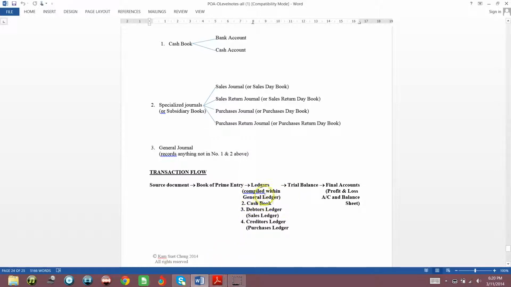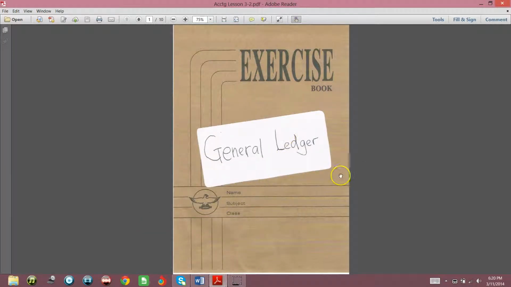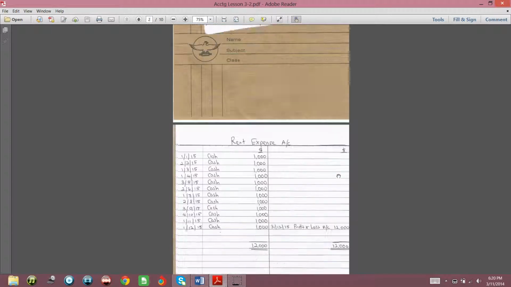Okay, now let me help you to see how this ledger works. How many ledgers do we have in our company? First, we will have a general ledger. So let me explain how a general ledger will help you make your work neater and more organized. Okay, so we have another exercise book called general ledger.